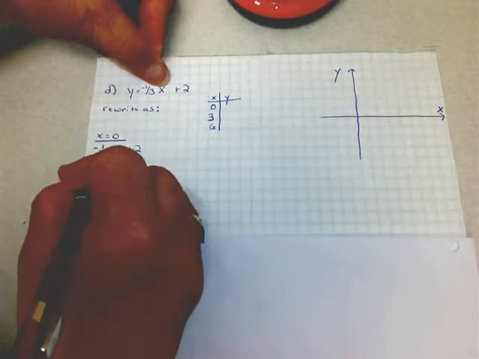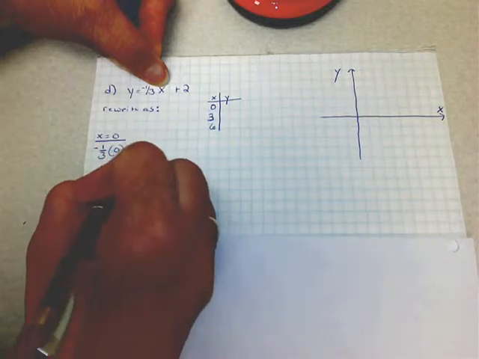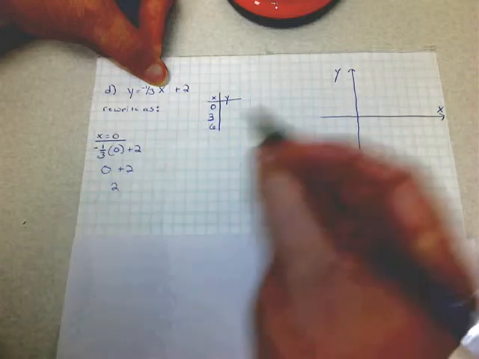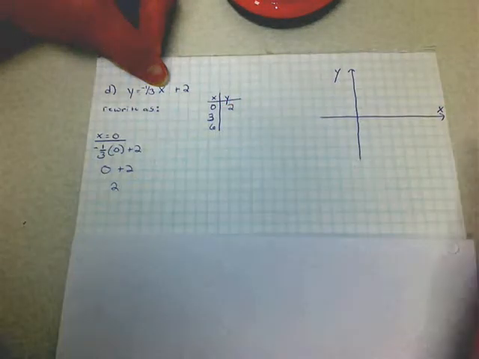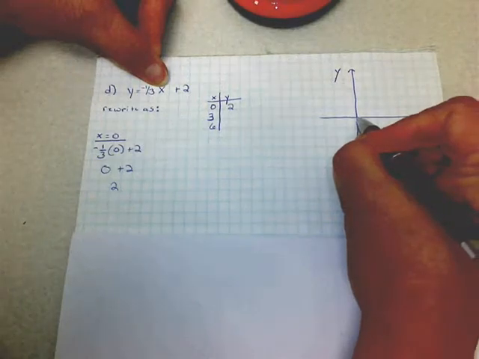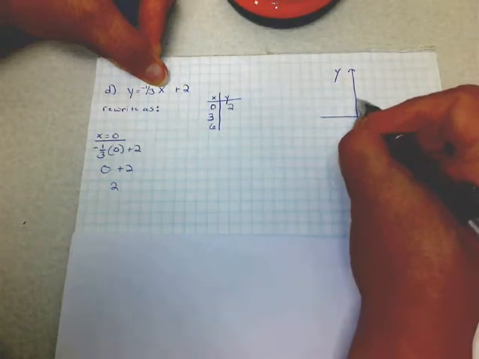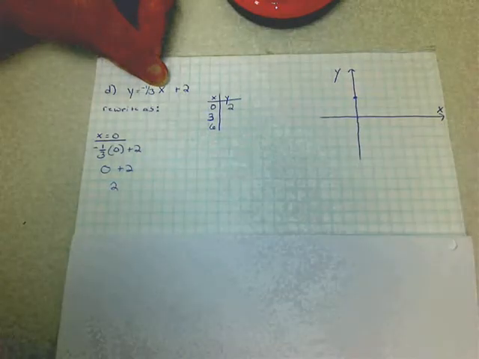Well, anything times 0 is 0 plus 2, and nothing plus 2 gives me 2. So I've got the point 0, comma 2. So here's x equals 0. Now I go to y equals 2. So 1, 2, and I put a dot.